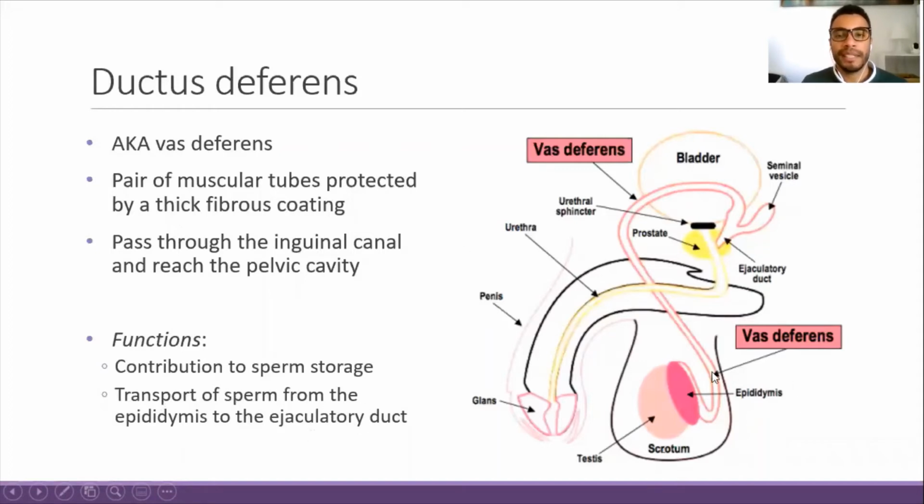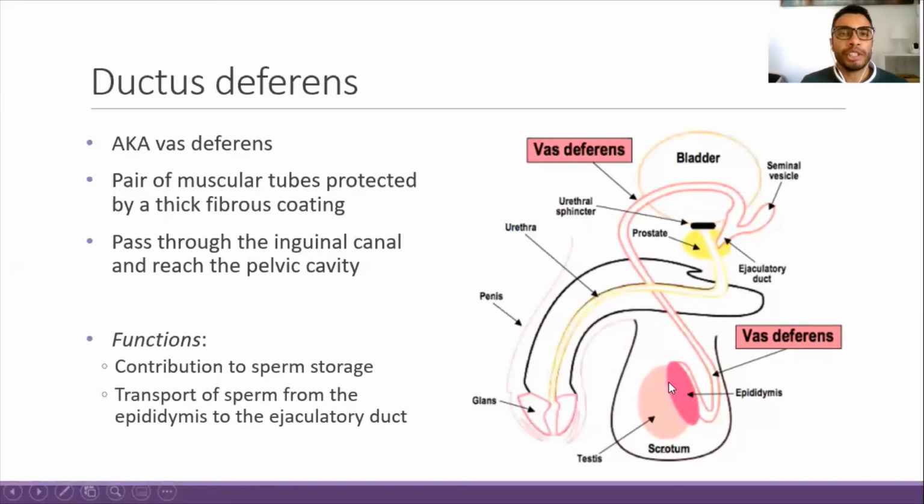So sperm is produced in the testes, and then it is matured, mainly matured in the epididymis, but it can also be stored and matured in the vas deferens as well.